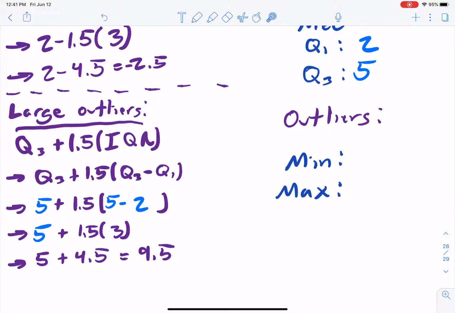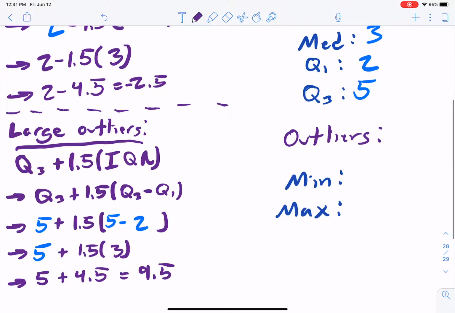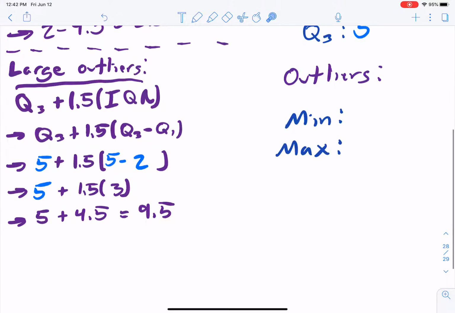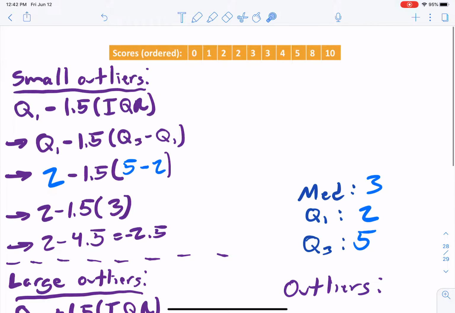So any value that falls above 9.5 is considered an outlier, okay? So do we have anything that does fall above 9.5? Well, yes, we do. 10 falls above 9.5. And also, we do not ever round with this criteria. Never, ever.